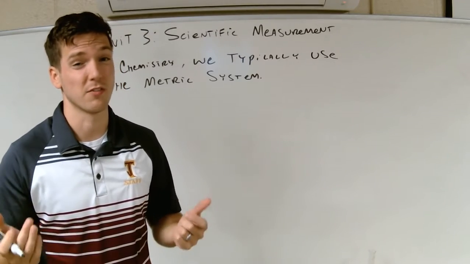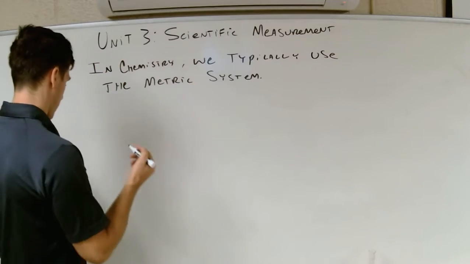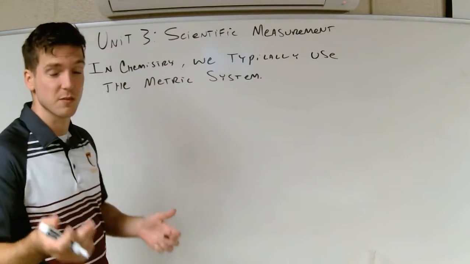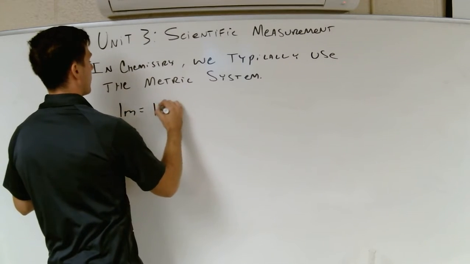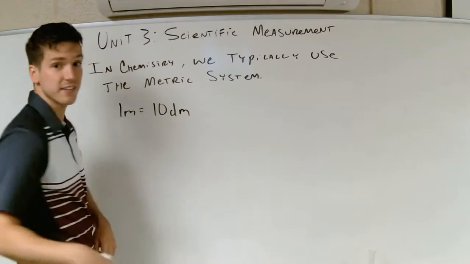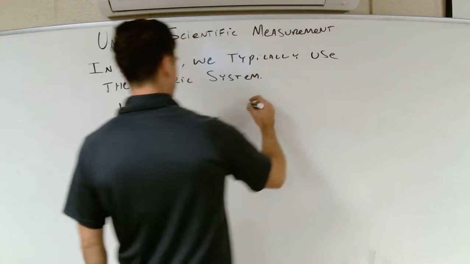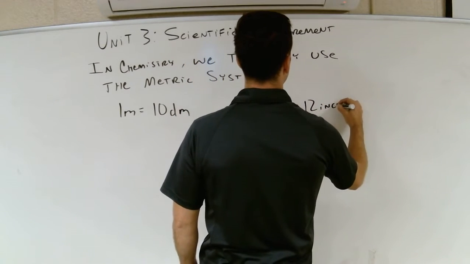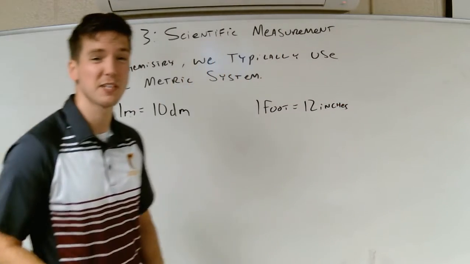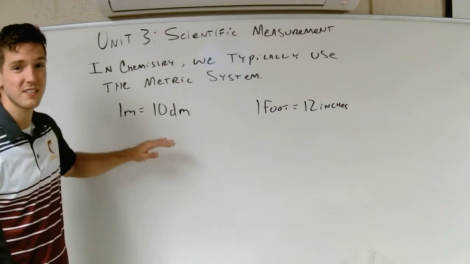There are 12 inches in a foot. In the metric system we use base 10, so in 1 meter there are 10 decimeters, instead of 1 foot equaling 12 inches. It just makes more sense to use base 10.